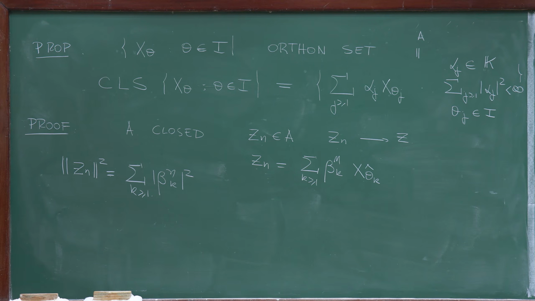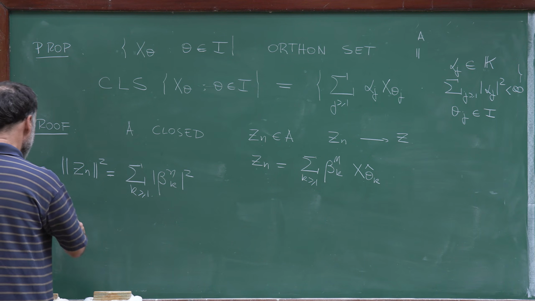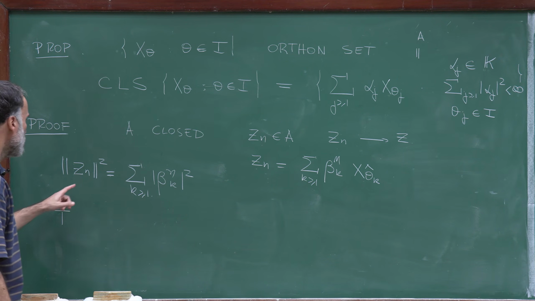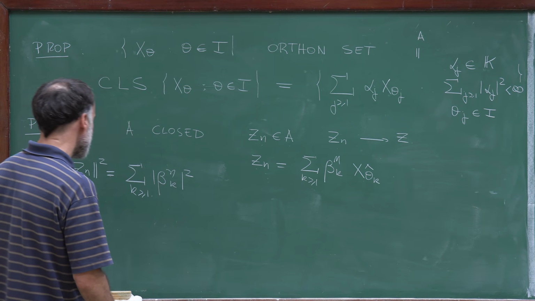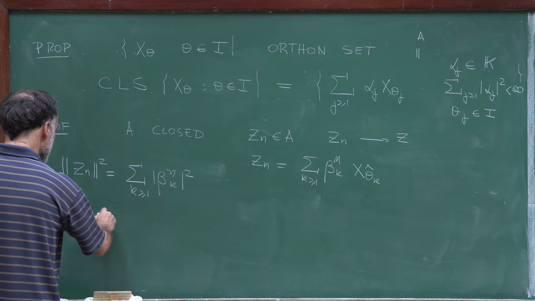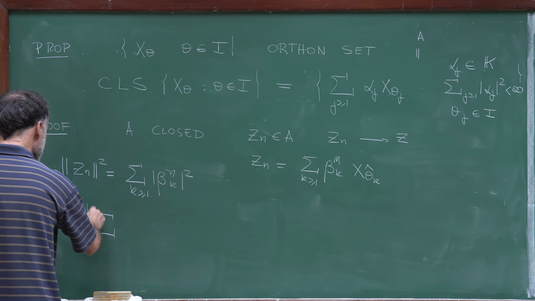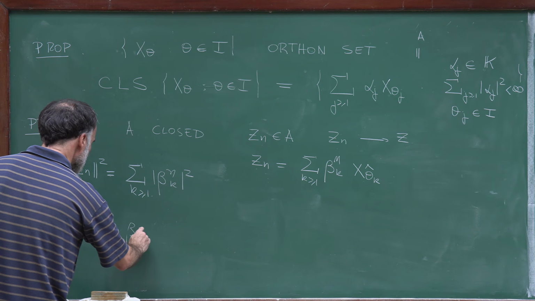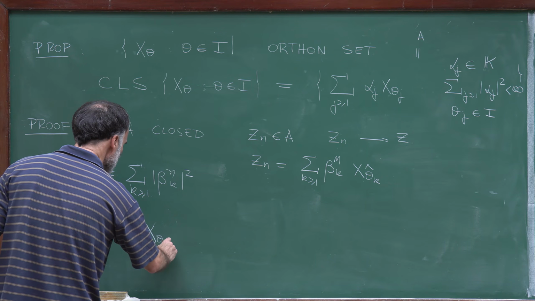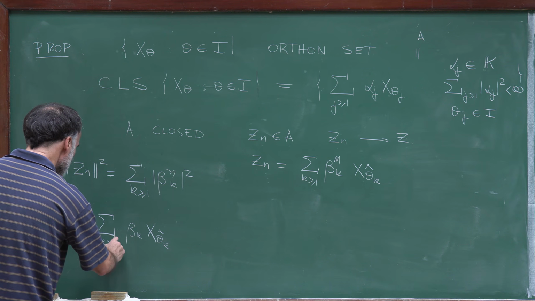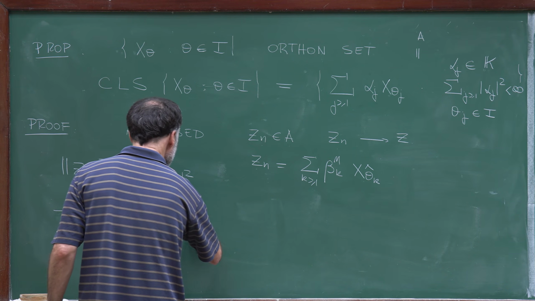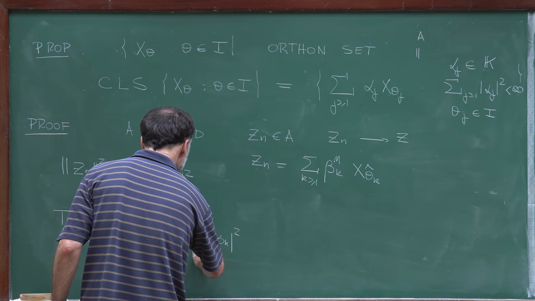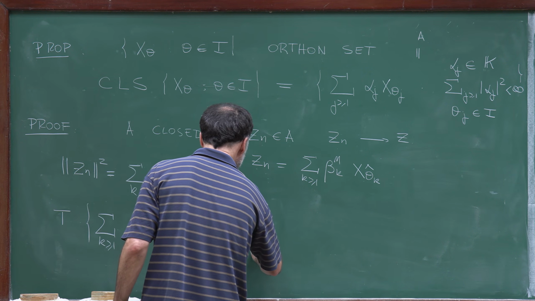Now I want to define a transformation from these sets, so all elements which can be written as the sum of beta k x theta k hat, k larger than 1, such that the sum of beta k squared, k larger than 1, is finite.